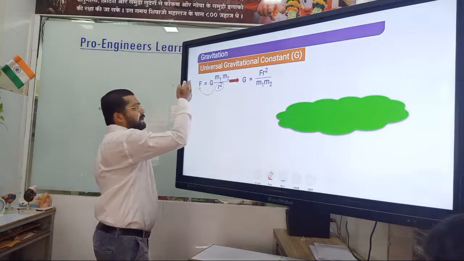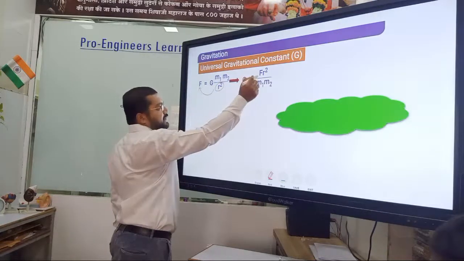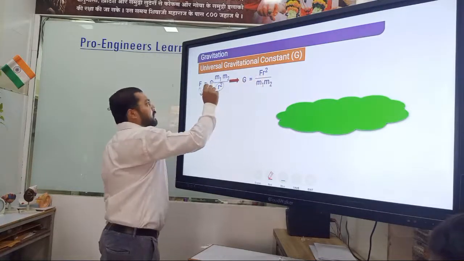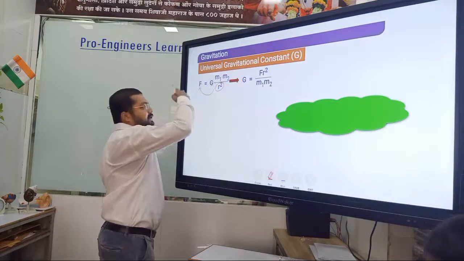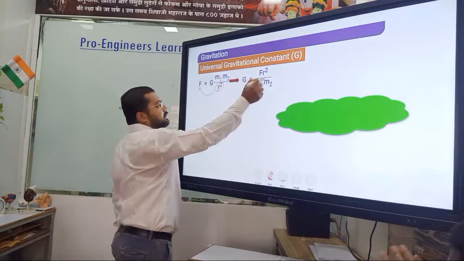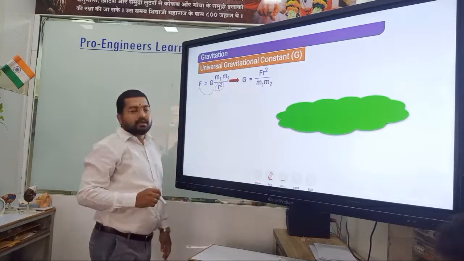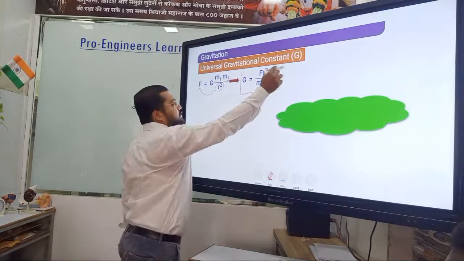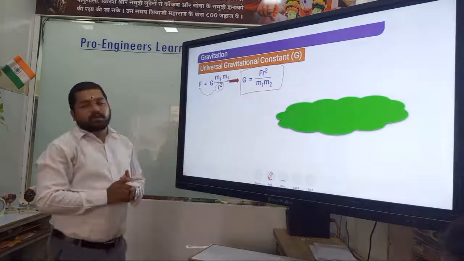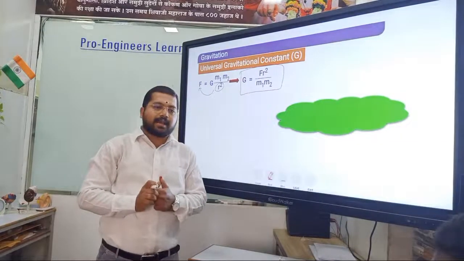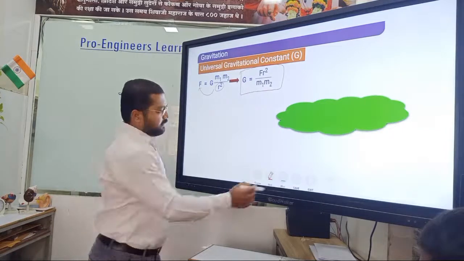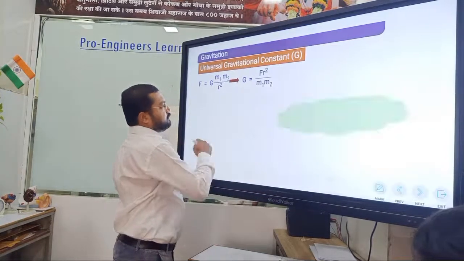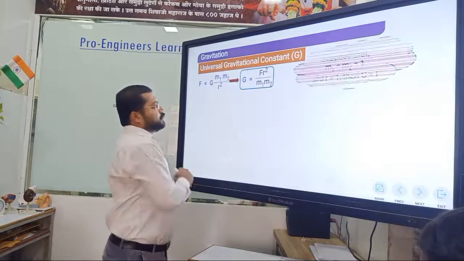When we take it to the other side, it will be multiplied with F, and m1 m2 are multiplied with G, so when we take them to the other side, they will get divided. So finally the formula is capital G is equal to F r square upon m1 m2. Yes, so this is our formula.